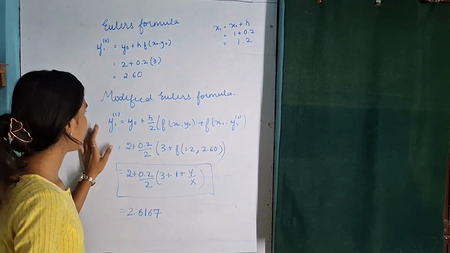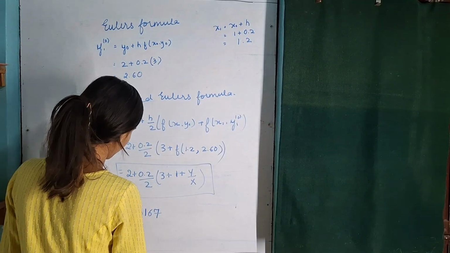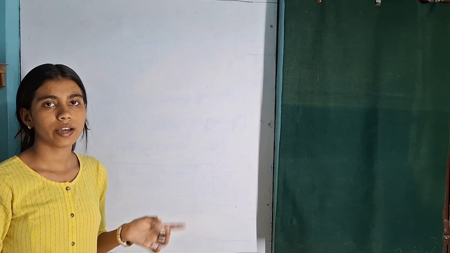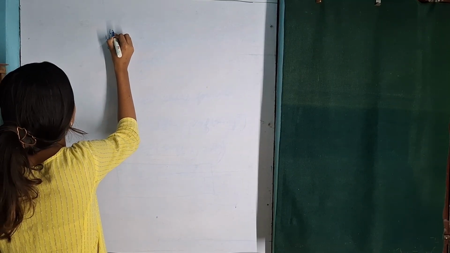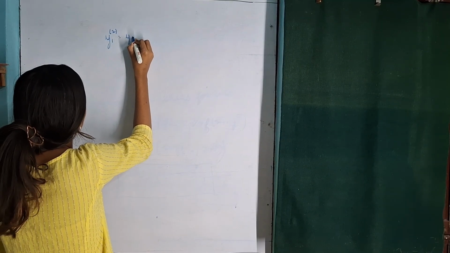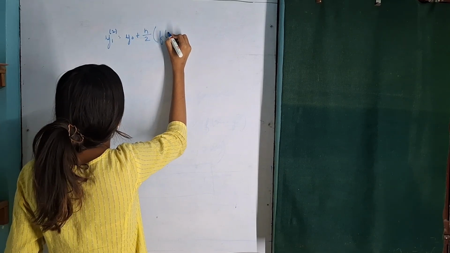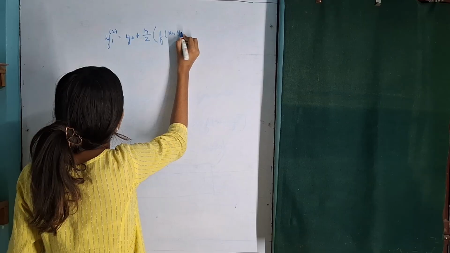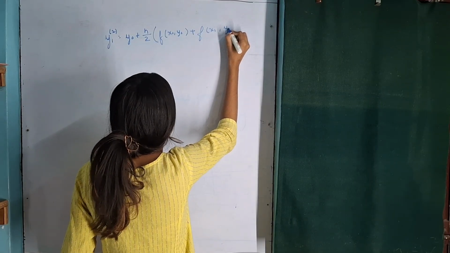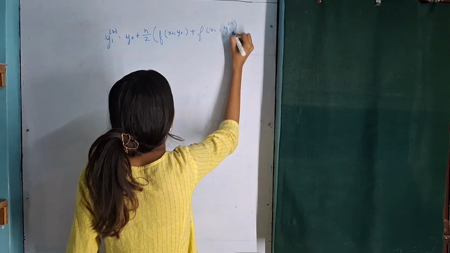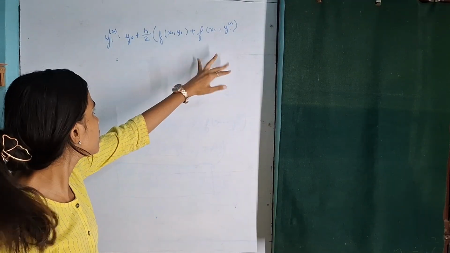Now you found y11, then you will find y12. To find the value of y12, we are going to write the formula. The formula is y0 plus h by 2 bracket f of x0 comma y0 plus f of x1 comma y11. See, the formula is very easy to remember.